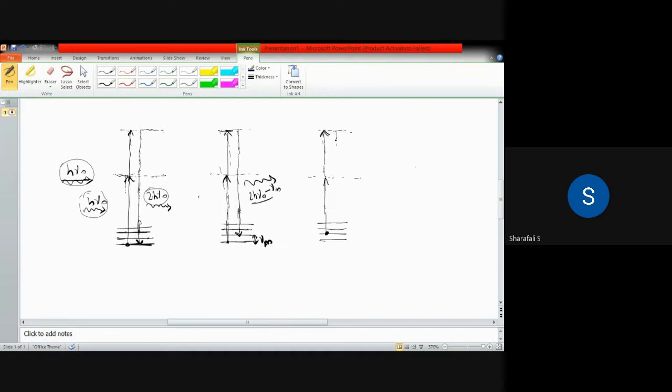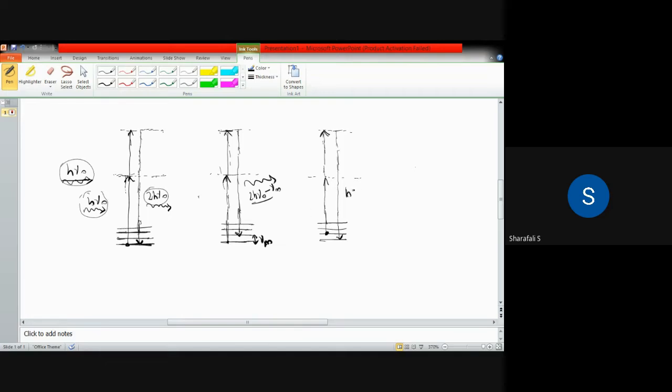And when it comes back, it is going to reach the ground state. There may be a slight variation here because we are starting from here.